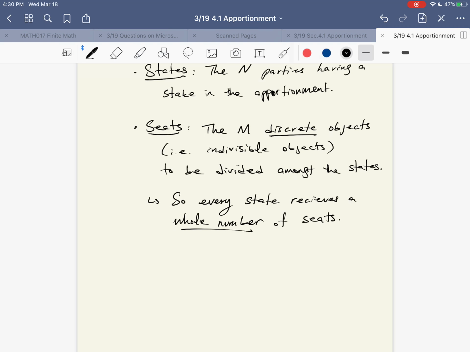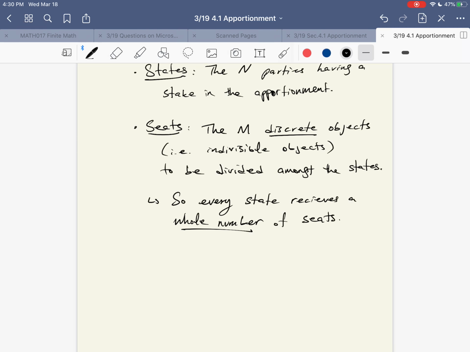Okay. In general, we'll deal with situations where there are more seats than states. For our political purposes, it doesn't make much sense to talk about situations where there would be more states than seats. In this case, you would have states without any representation in the House, and that would defeat the whole purpose of the House of Representatives.